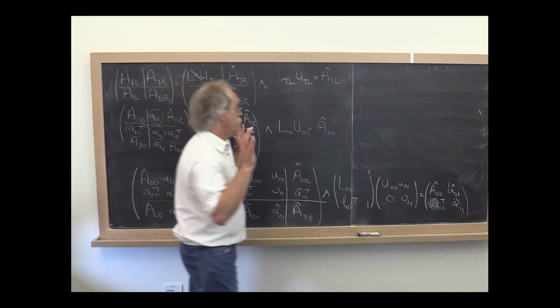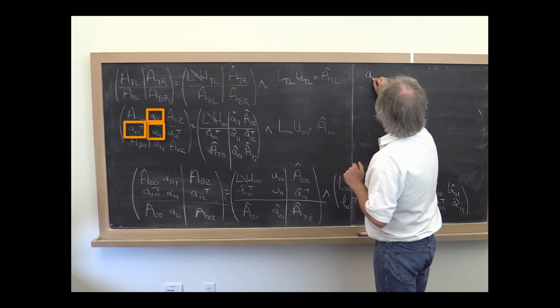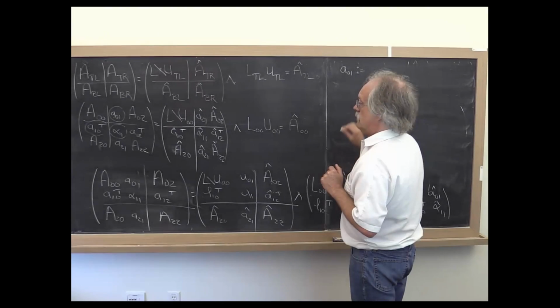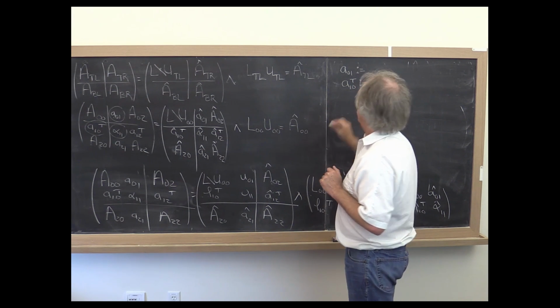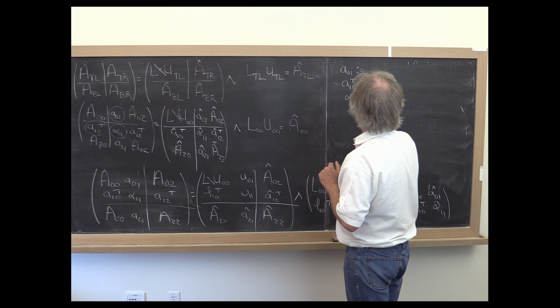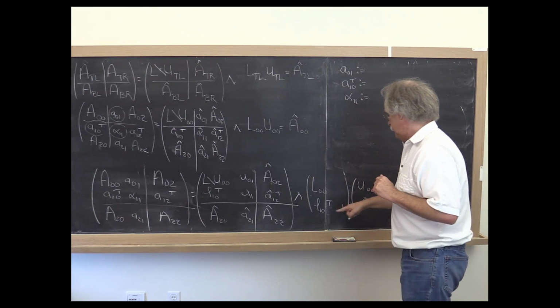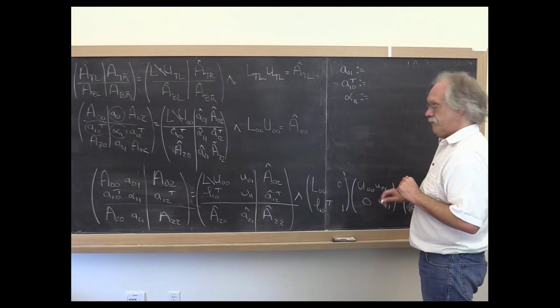Okay, so the first thing we know is A01 must be somehow updated, A10 transpose must be somehow updated, and alpha 11 must be somehow updated. And how should these be updated? Well, the key is right here.